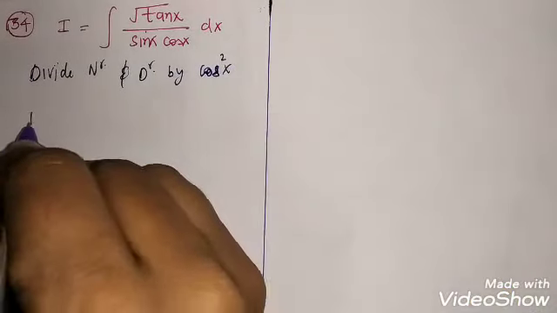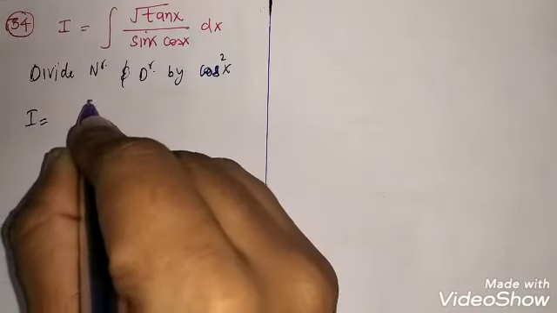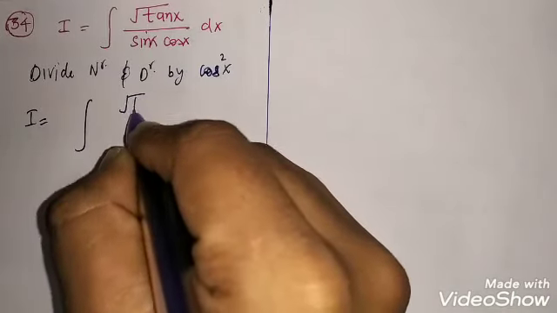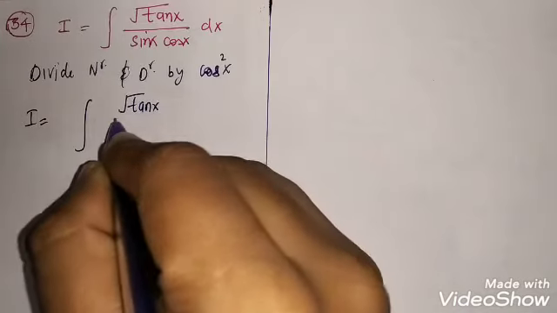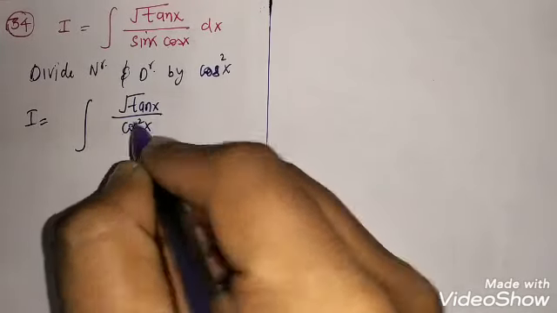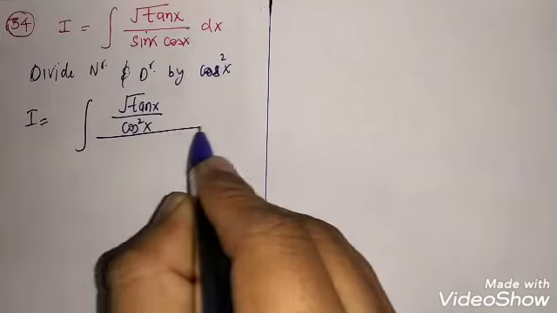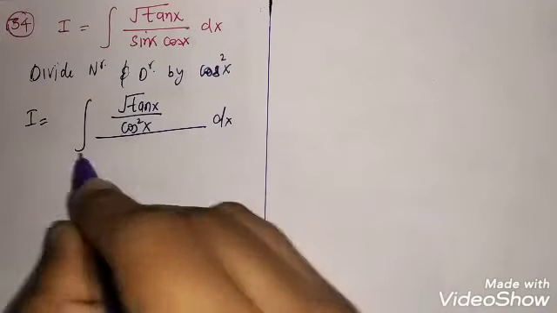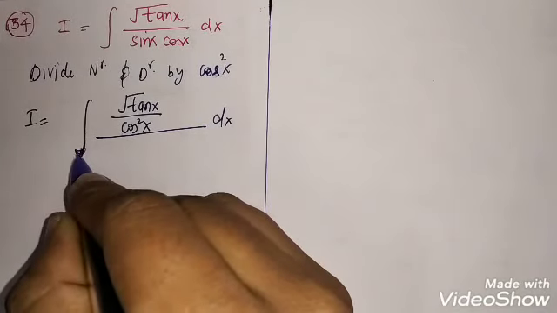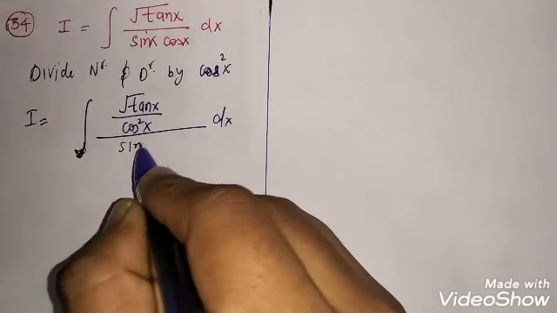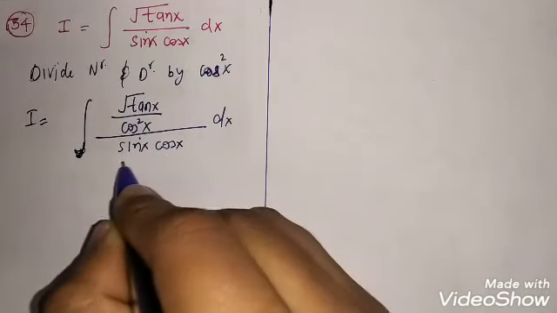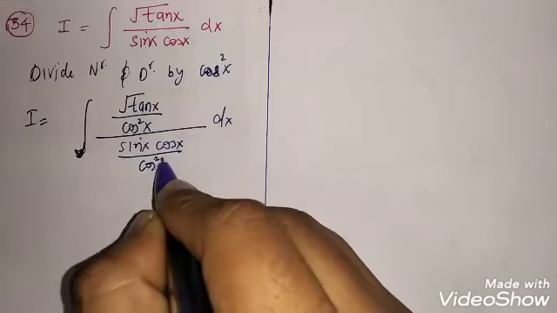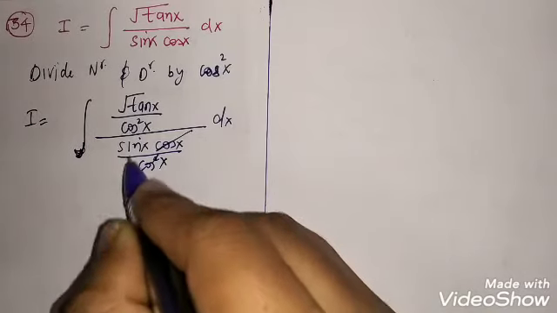See, I is equal to the integration of root tan x upon cos square x, whole upon, dx outside. The integration is quite big. This is sin x cos x upon cos square x. Cos x will be cancelled.